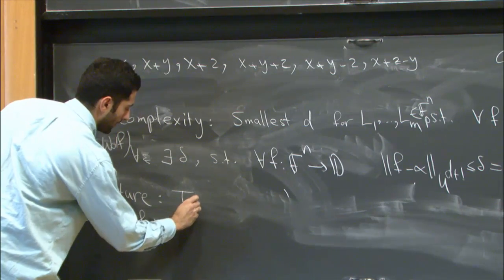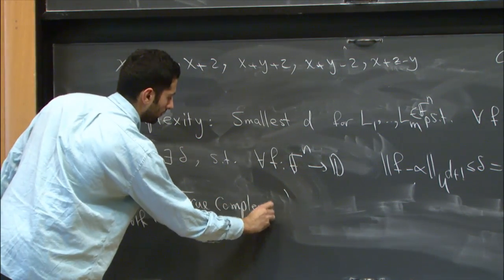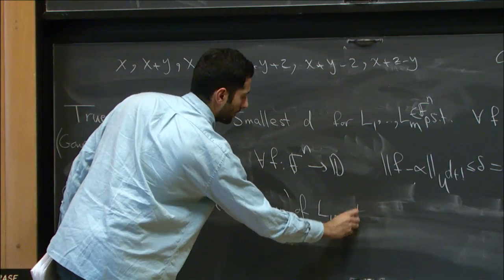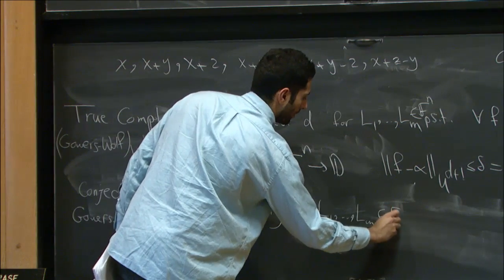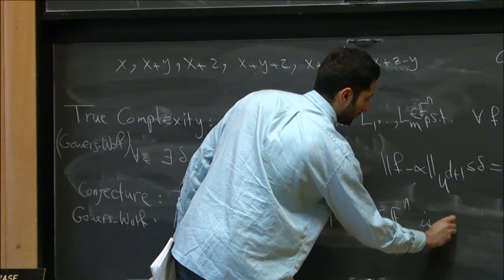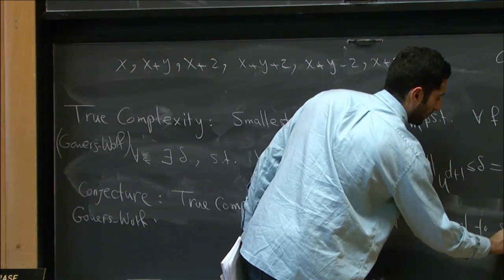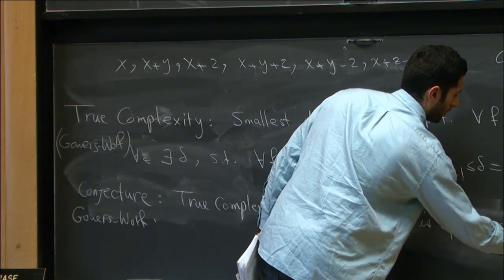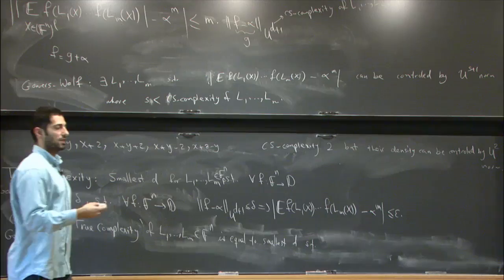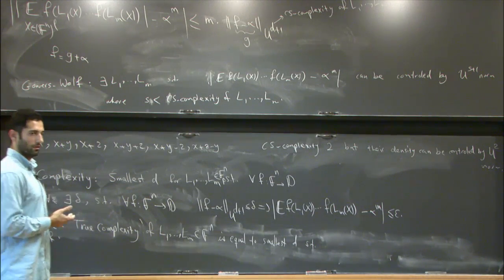The true complexity of a system of linear forms is equal to the smallest d such that the d plus first tensor powers of your linear forms are linearly independent.